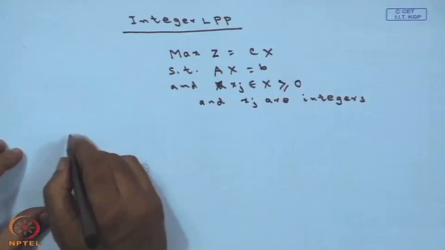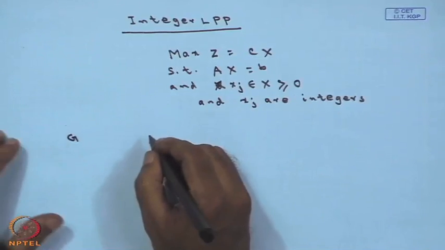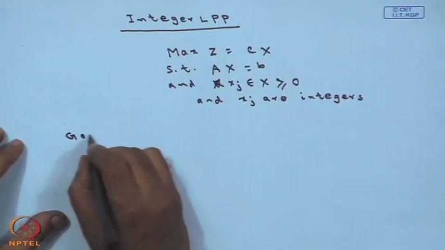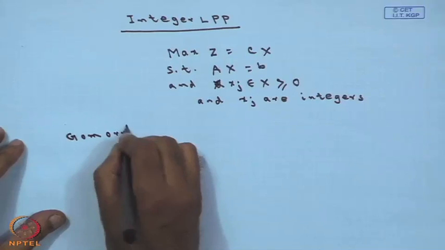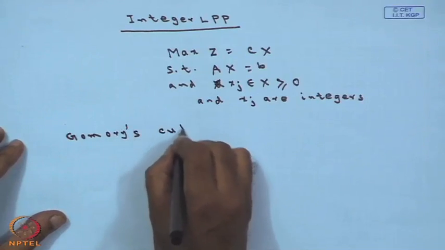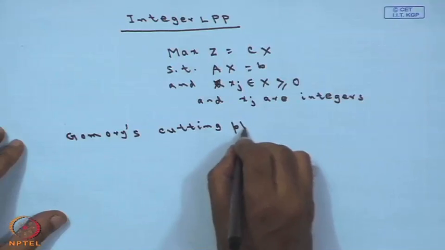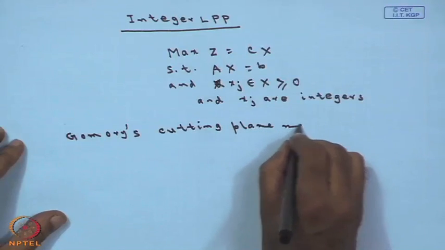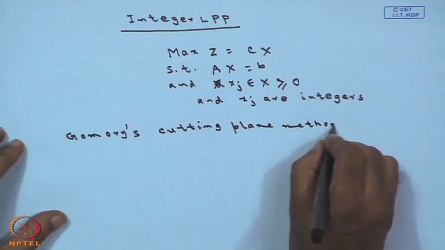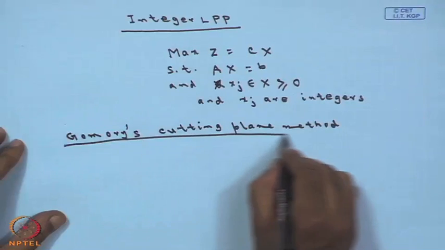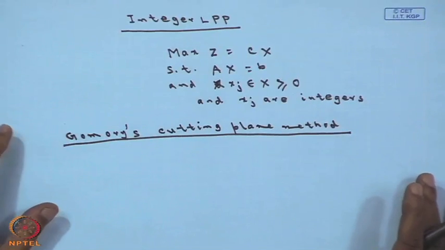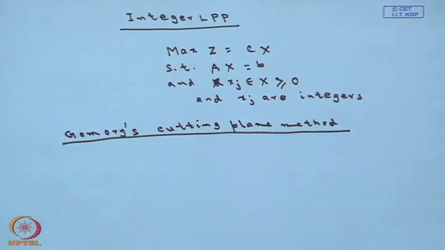Gomory's cutting plane method was developed by R. E. Gomory. Basically, he introduced a new constraint in the problem.